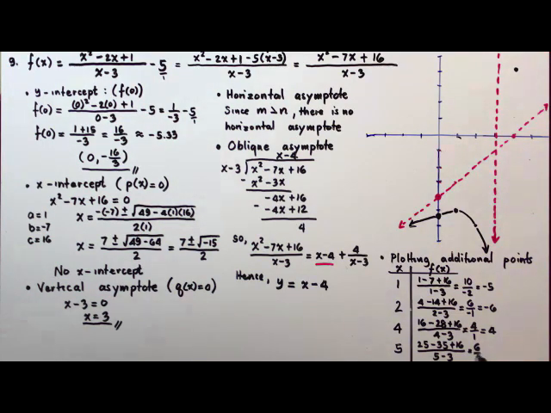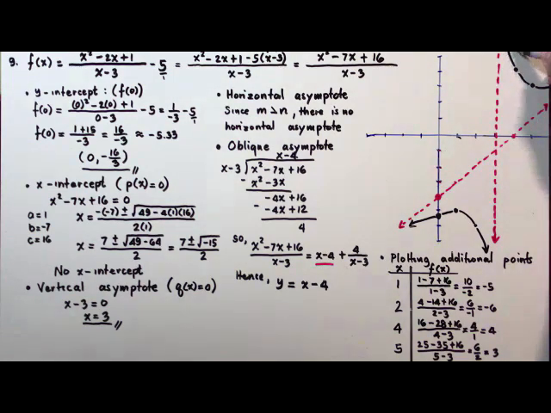And 6 divided by 2 is positive 3. So when your x is 5, 1, 2, 3, 4, 5, your y is 3. So 1, 2, and 3. It's here. So using these points, we understand that the graph is like this here.